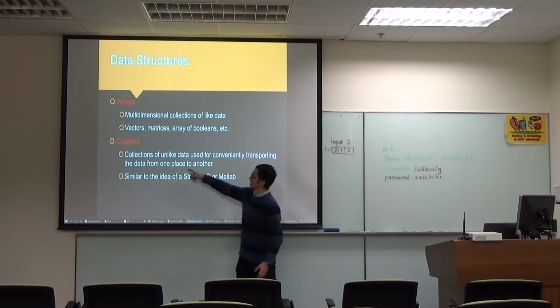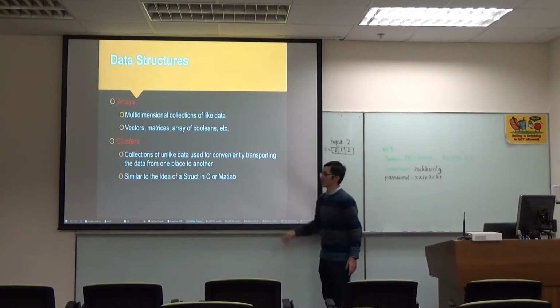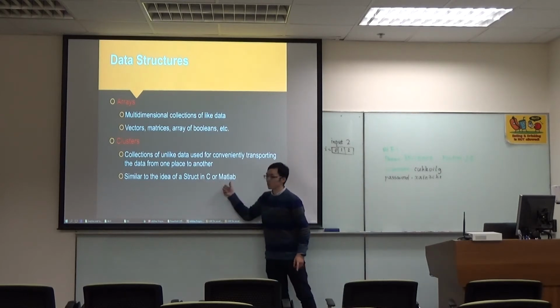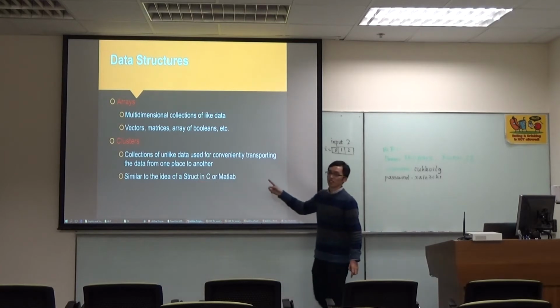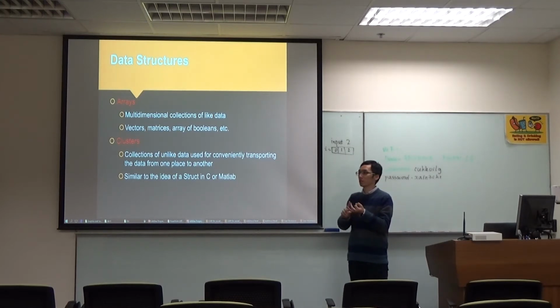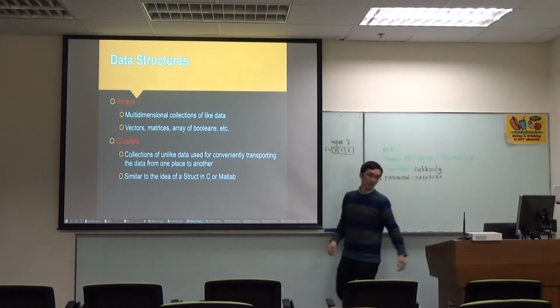The cluster is a collection of unlike data used for maintenance and transporting. It's like a struct in C, an object in C++, and in MATLAB they also have struct. That is, you have some string or text and some integer value and something else, and you combine them together, and we call it a cluster.